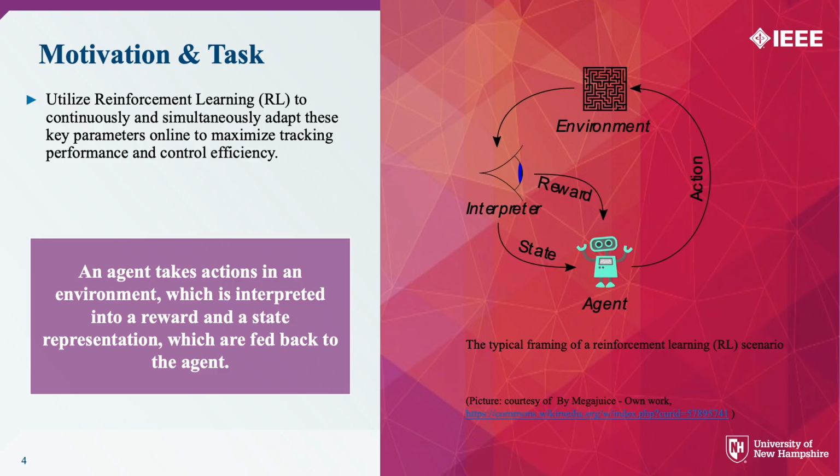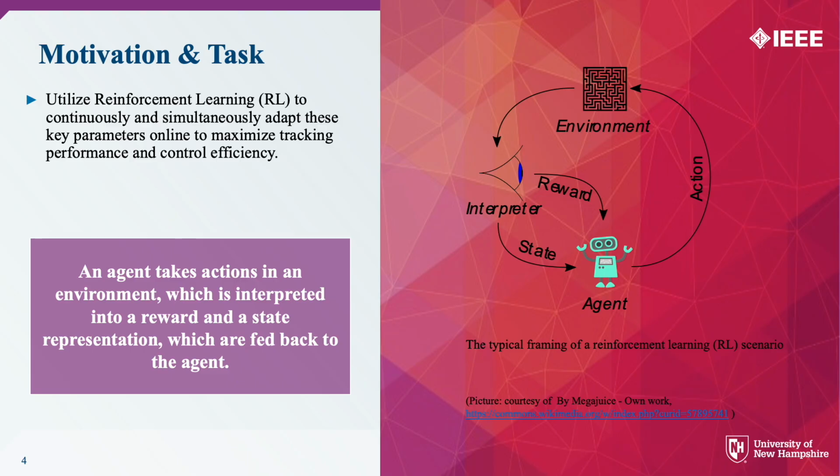To address this, we turn to reinforcement learning. Reinforcement learning (RL) has shown a great ability to solve complex sequential decision-making problems. As you can see in the typical RL loop on the slides, an agent interacts with an environment, takes actions, and receives a state and reward signal.